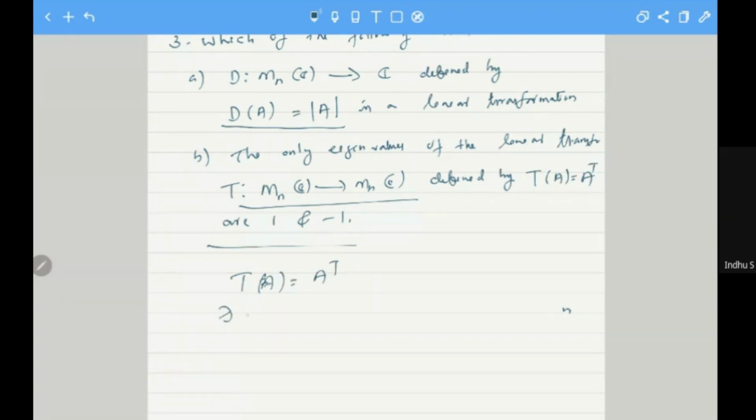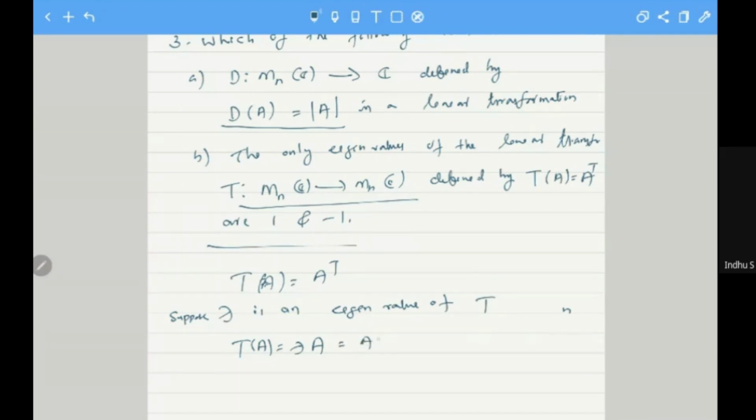Suppose lambda is an eigenvalue of T. Then T of X equals lambda times X. Here I have taken X as A. So T of A equals lambda times A, then you say lambda is an eigenvalue of T. What is T of A?